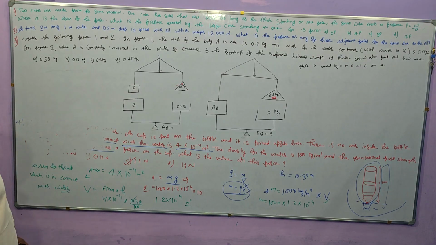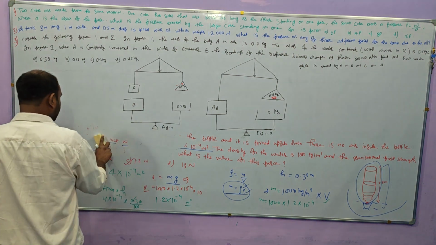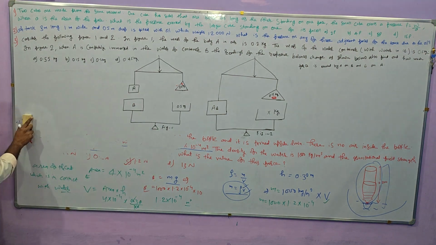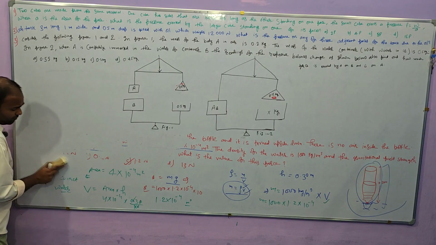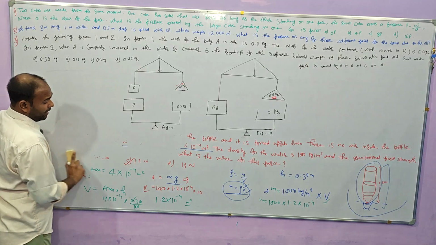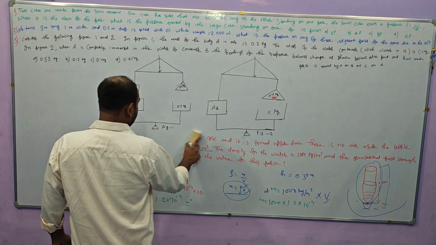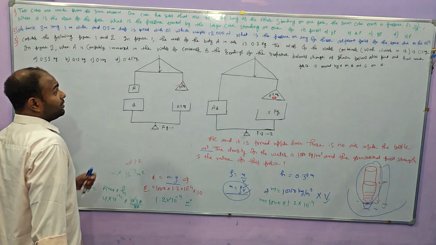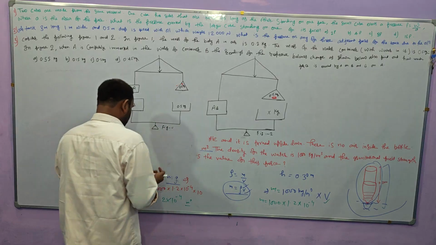In figure 1, body A is in air, and it has a mass of 0.2 kg.